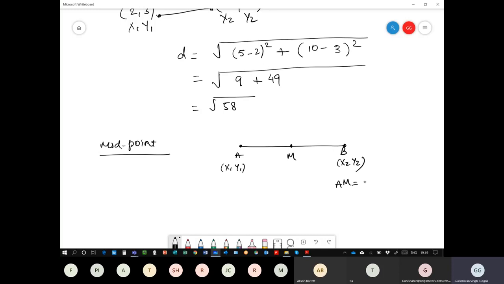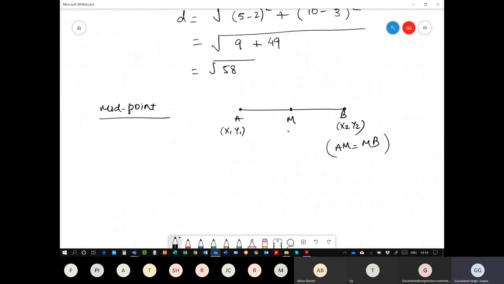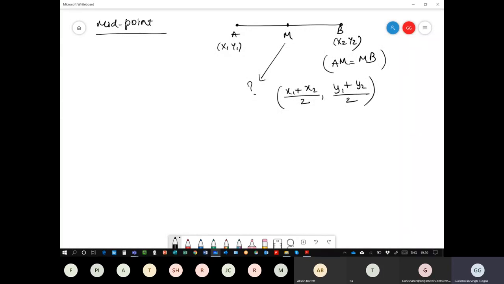That is, AM should be equal to MB. And I want to find out the coordinates of this point. So I can directly use the midpoint formula, which is given in your logbook. All you need to do is add their x coordinates, divide by 2, and then add their y coordinates and divide by 2. So that's pretty much straightforward.